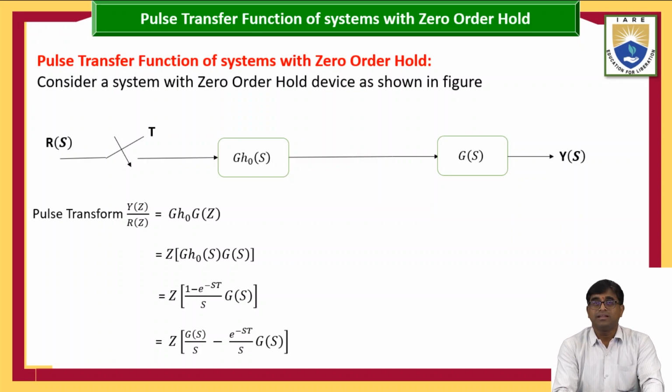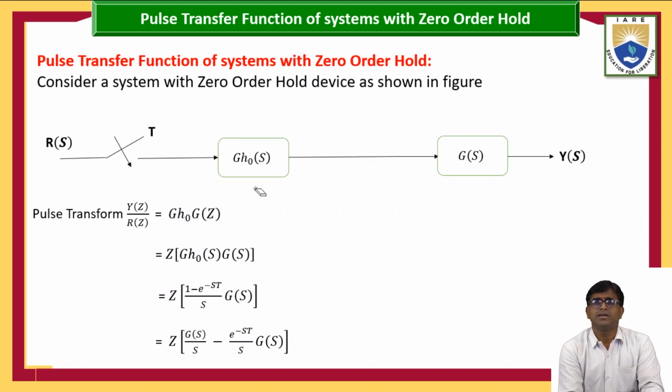That's why in the function we are not getting the G into h naught as a z function. Why? Because we are giving the pulse to this function. That is G h naught only is coming. In place of s, we are not getting the z. So we are getting the pulse.